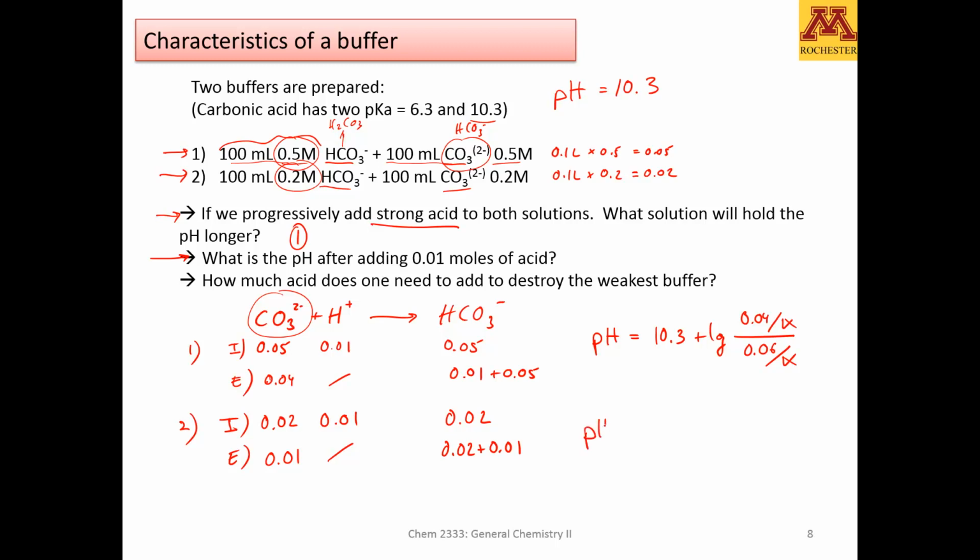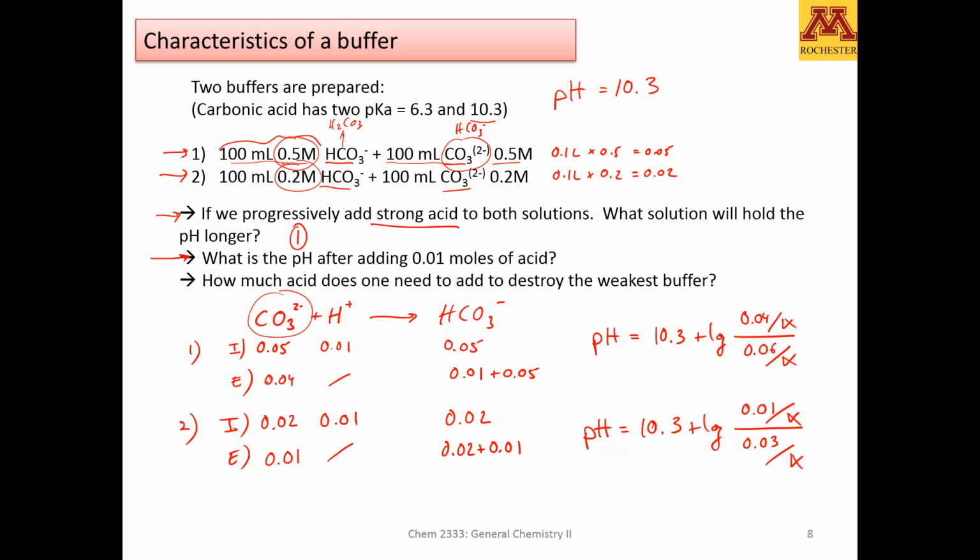So the pH will be 10.3 plus the log of the base, 0.01 over the volume, over 0.03 over the volume.